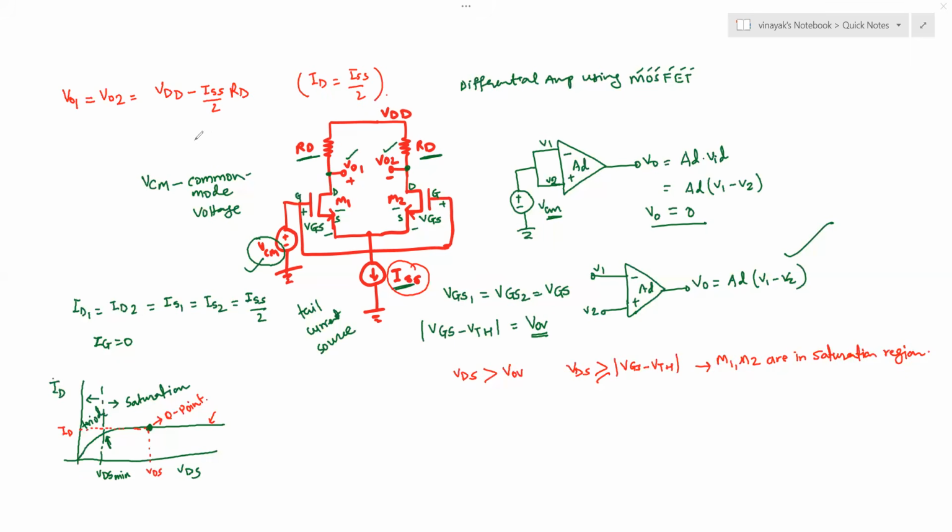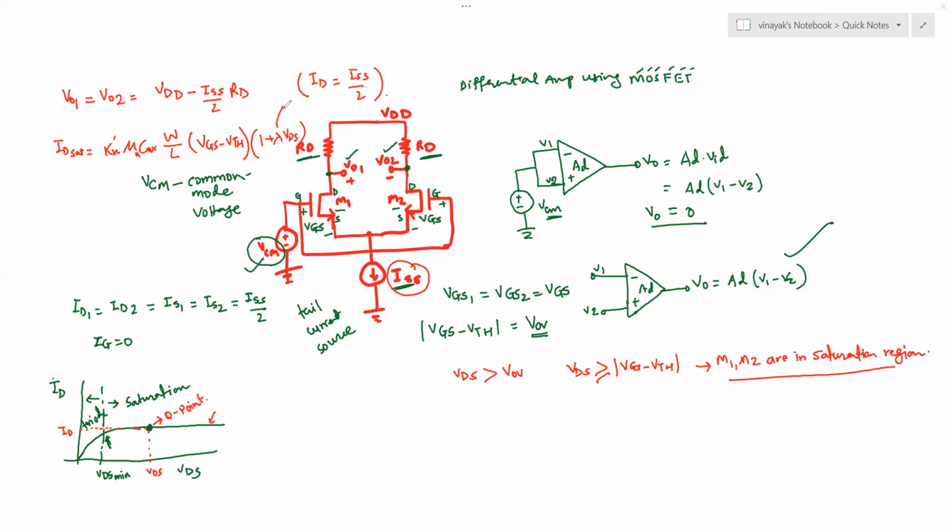And the current, when your transistors are in saturation region, you have the value of the drain current, ID sat, equal to Kn dash, that is mu n into Cox, and then you have W over L, and then you have VGS minus VTH, squared, and in bracket 1 plus lambda VDS.